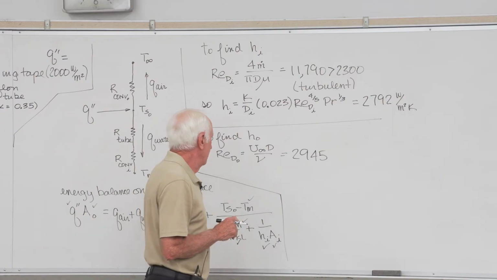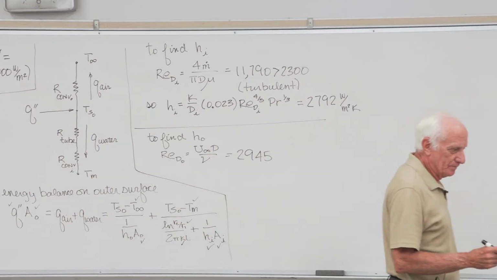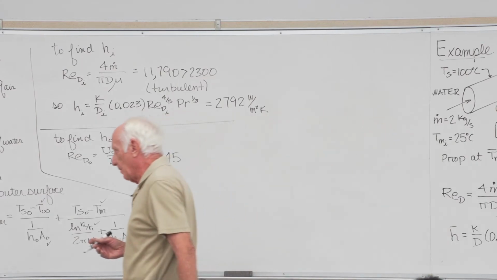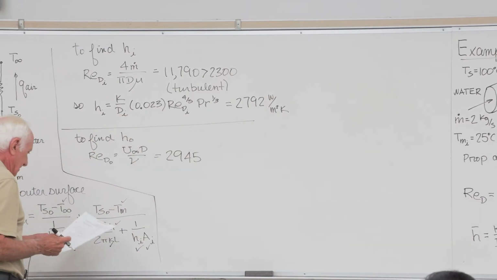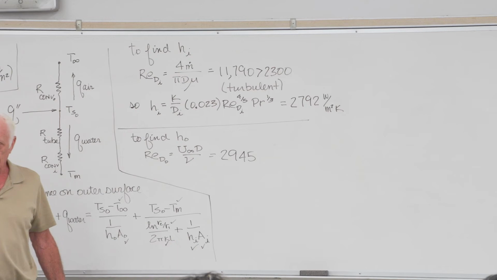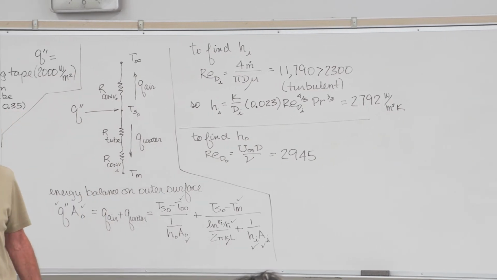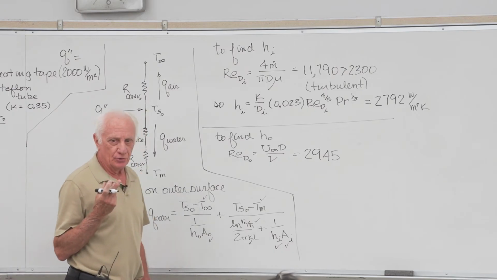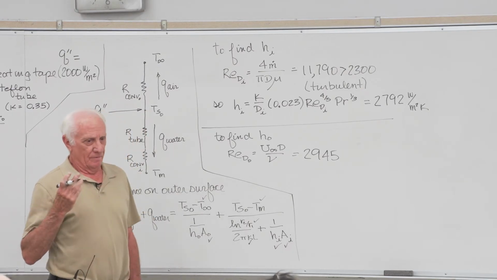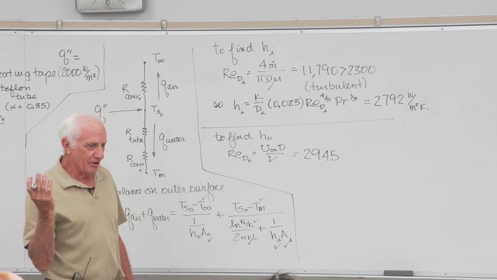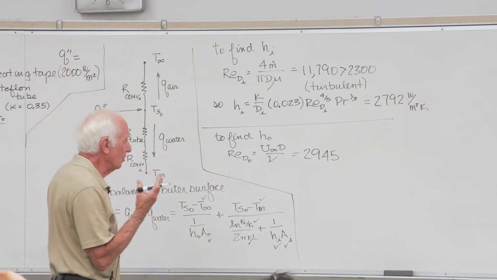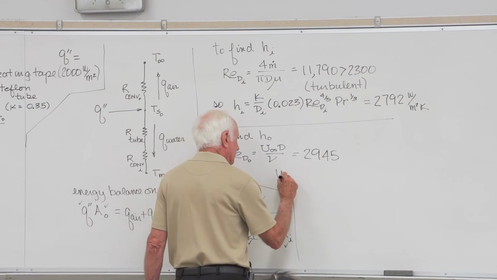What's H bar? Okay, so once you do that, you say, okay, I'm going to get H bar from chapter 7, the outside chapter. What choice do I have? None. We said in class earlier, use the simple equation, the oldest equation, which is the least accurate, the Hilpert equation, but it's the simplest one.